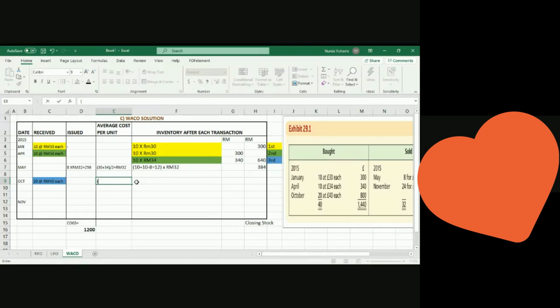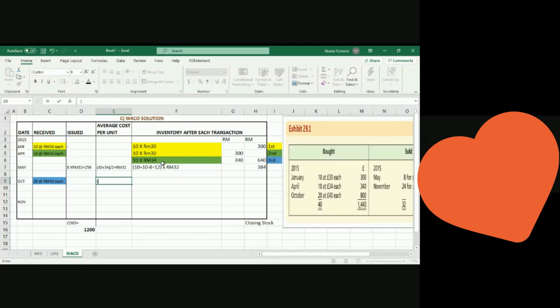12 times 40 divided by 2. Okay, all right. For this one, it's almost correct, but it's not 100% correct. So where should we get the price for the second average cost? For the second average, we don't include the previous average cost. You need to take the previous price from here.